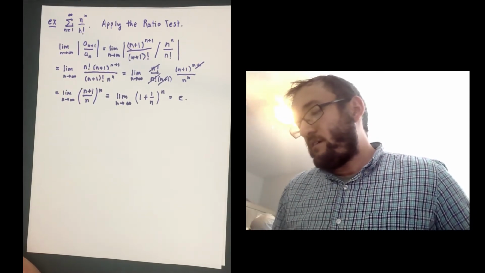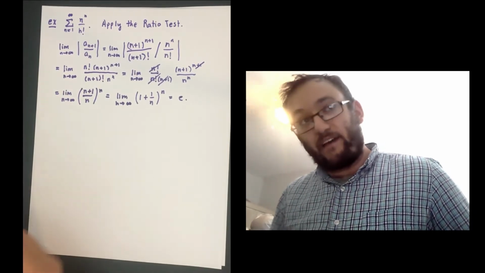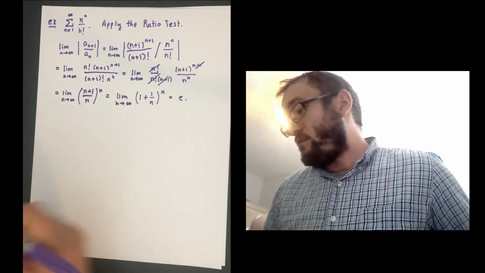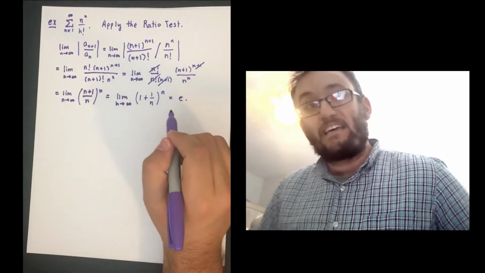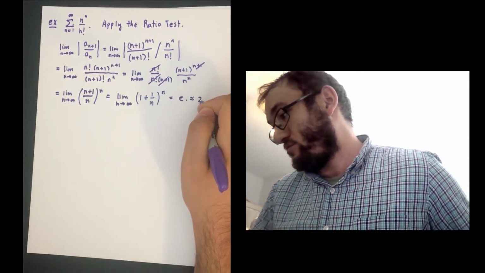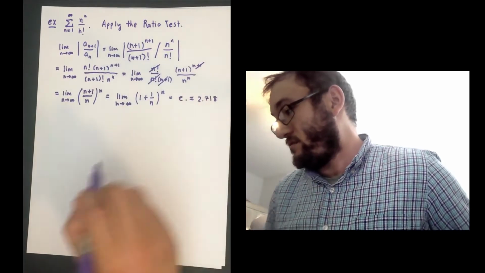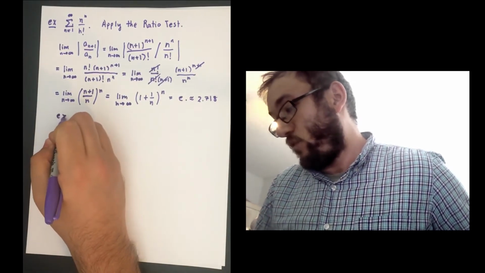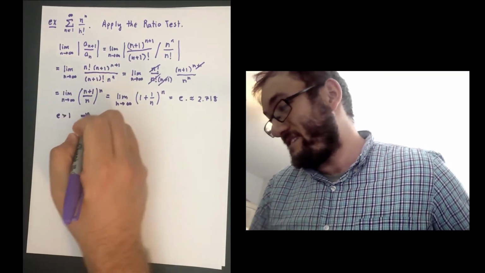Okay. So looking back at the outcomes of the ratio test, we need to know if e is less than or greater than 1. And e is about 2.718. So that's clearly greater than 1. So our series diverges.